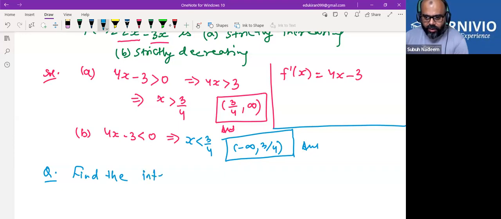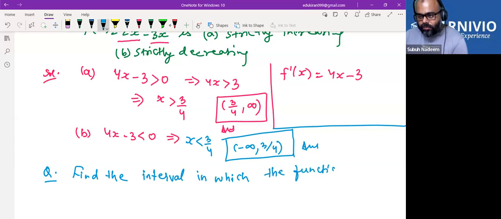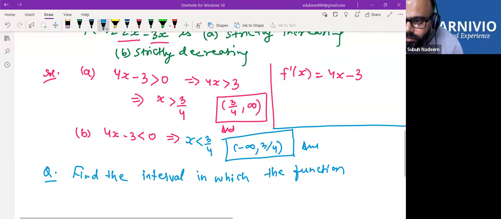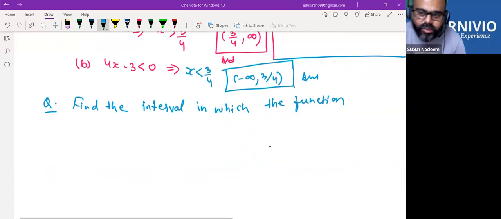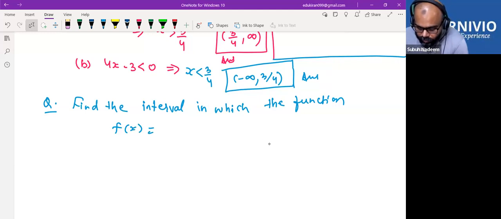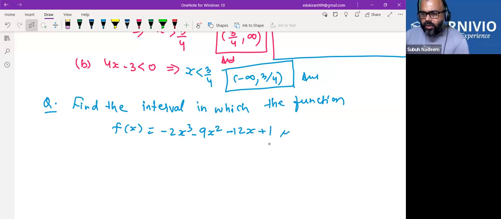Find the interval in which the function f(x) = -2x³ - 9x² - 12x + 1 is strictly increasing or decreasing.